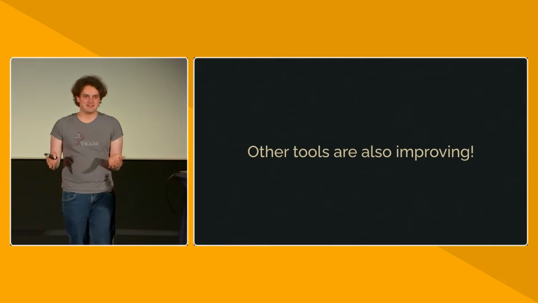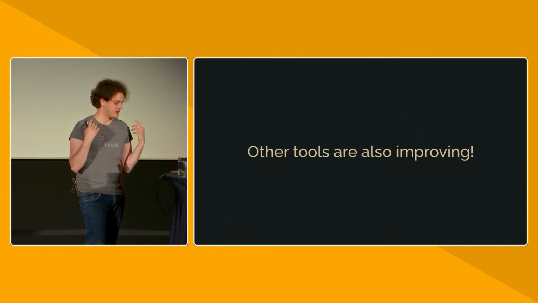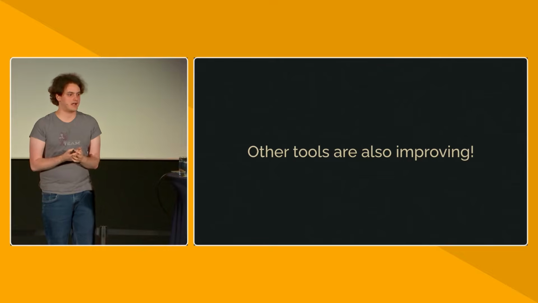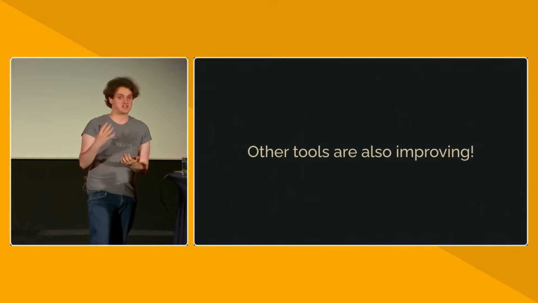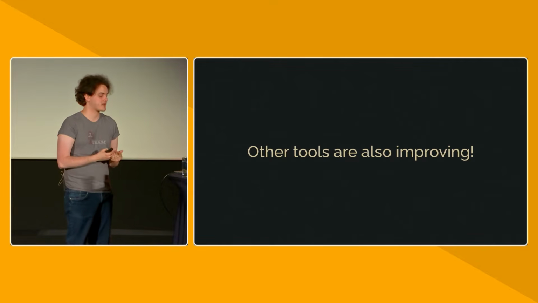And I cannot list all of the tools, either existing tools that have started to put focus on error messages, or new tools that are bringing fresh air, and along with the fresh air, better messages.